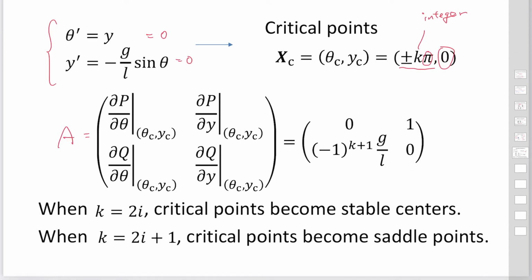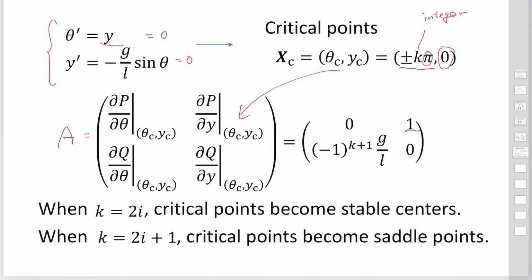The matrix A can be calculated: round P round theta, round P round y, round Q round theta, round Q round y, at the critical point. By substituting this critical point, P is y, so the derivative of P with respect to theta is 0, and the derivative of P with respect to y becomes 1.